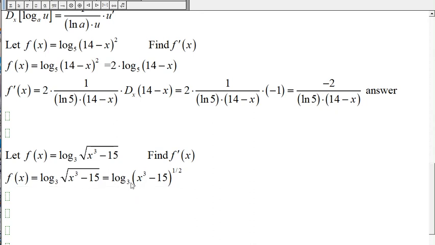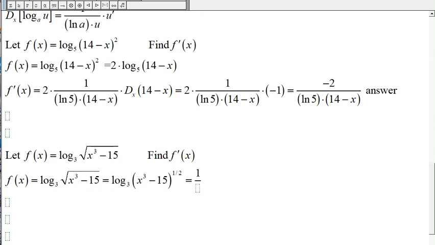Here we have log of an expression followed by the exponent, so we can move the exponent and place it in front of the log. And that's the power rule.